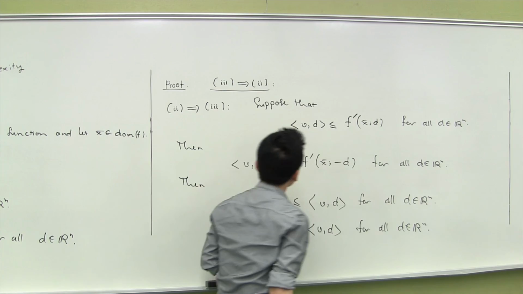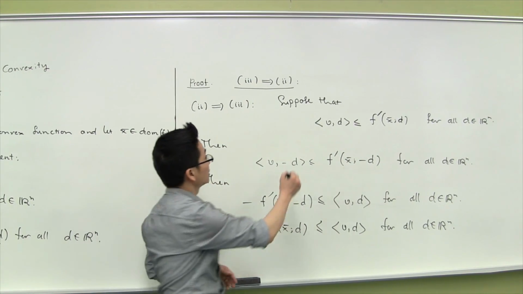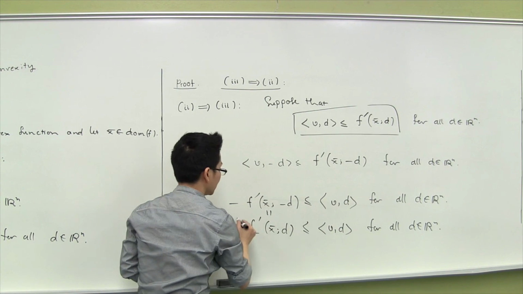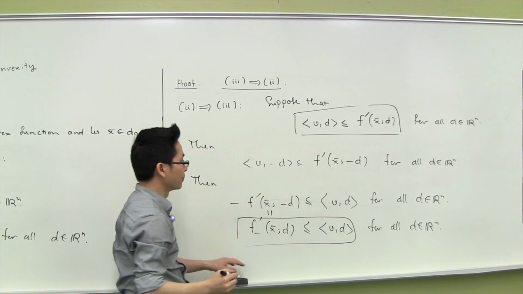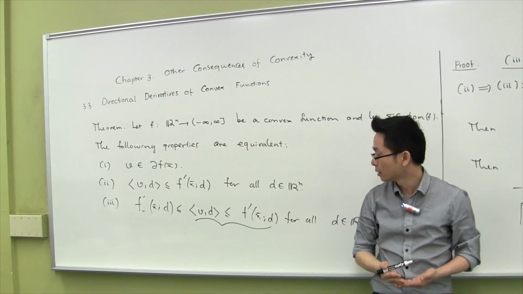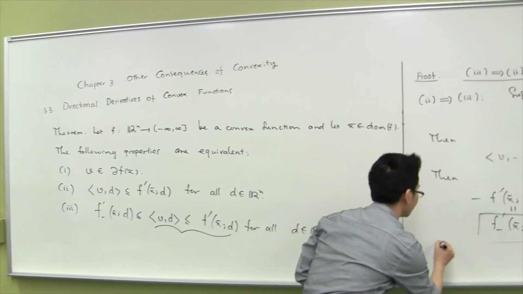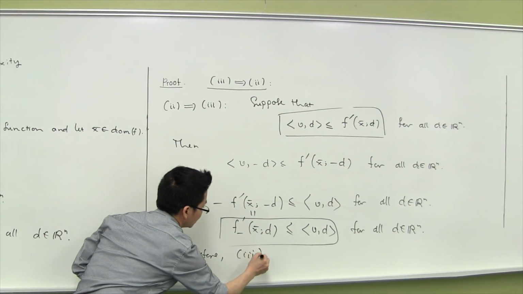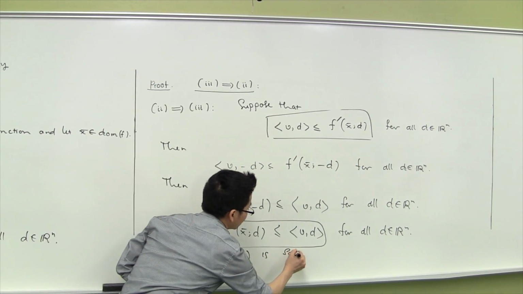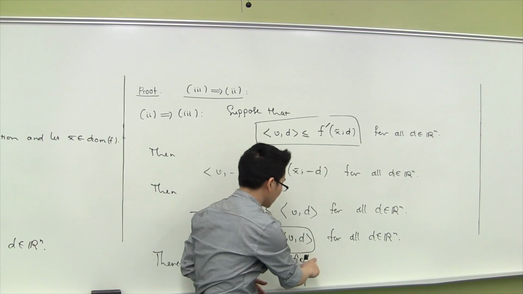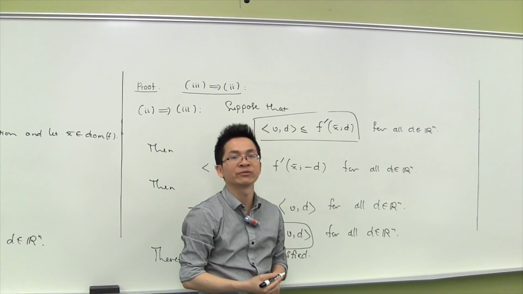Okay, so if we combine this and this inequality, we see that the third property is satisfied. Therefore, we have completed the proof of the theorem.